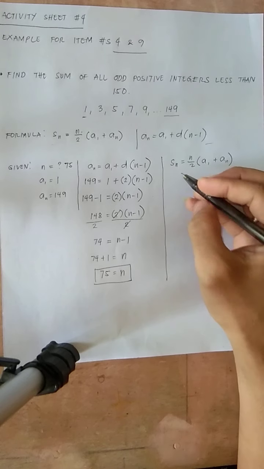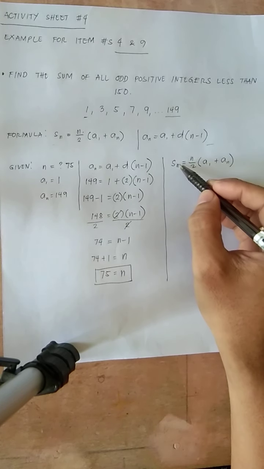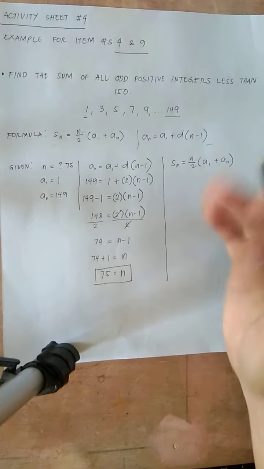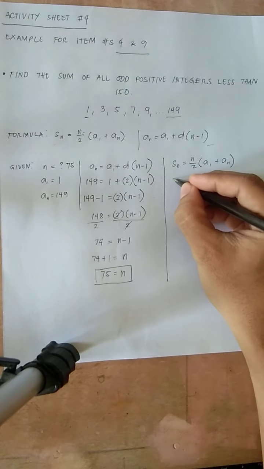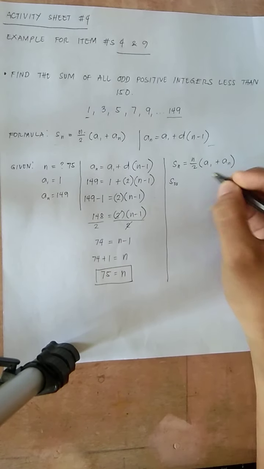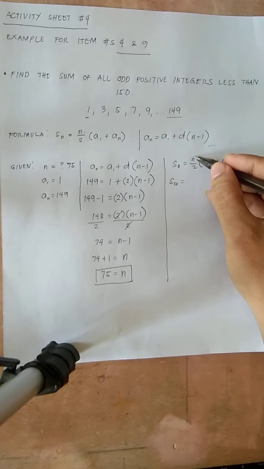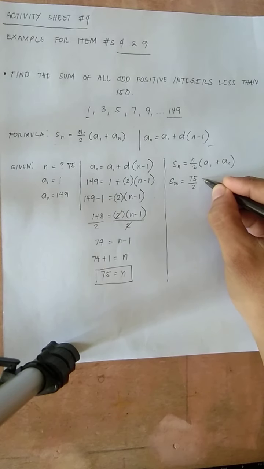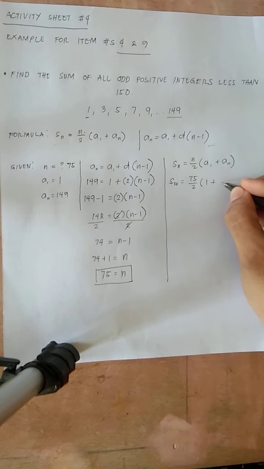Okay? So we are looking for the sum of these numbers, which is how many terms are we dealing with in this problem? It's 75. So we are looking for the sum of the 75 terms of that sequence. Okay? And then the n is, of course, 75 over 2 times the a sub 1, which is 1, plus the a sub n, which is 149.